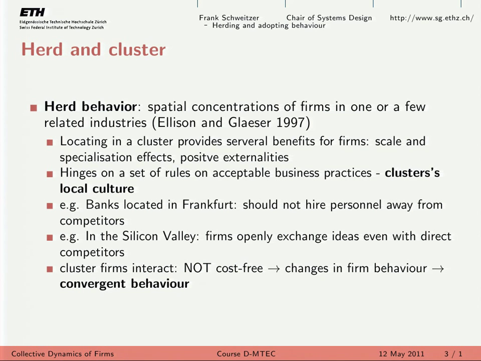If you look into the spatial distribution of firms, then you see that there are clusters of firms that emerge in certain areas. The best known example and the most copied one is Silicon Valley, right?